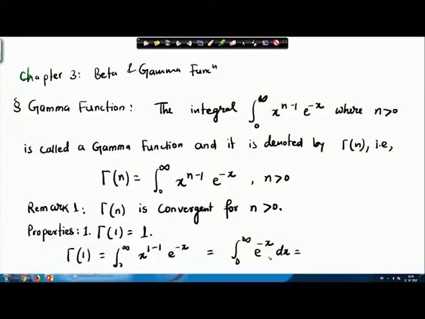Now, this is a classic example of an improper integral. So, we can write it as the limit b goes to infinity of the integral from 0 to b of e to the power minus x dx. After integration, we obtain the limit b goes to infinity of minus e to the power minus x from 0 to b.